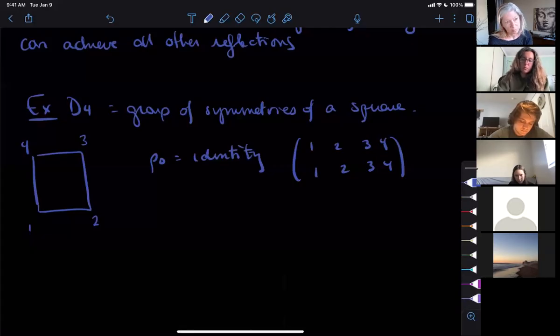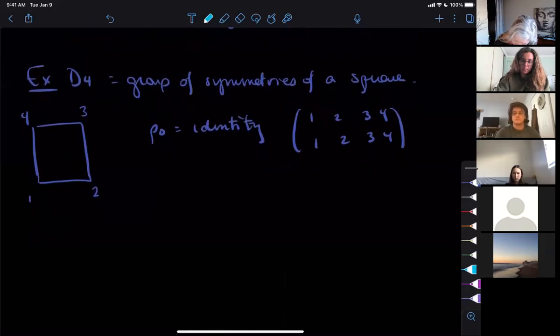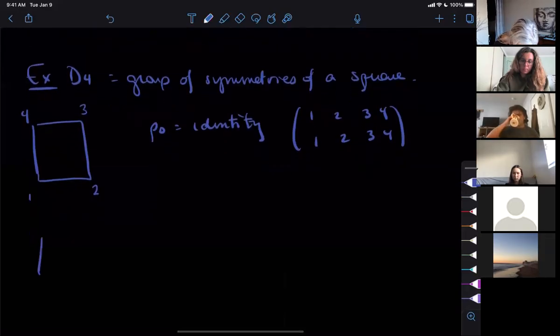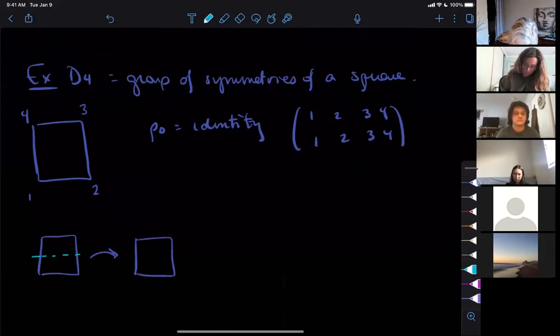You can flip it upside down. So 1 goes to 4 and 2 goes to 3. So like here would be your mirror. Your mirror would be like this.